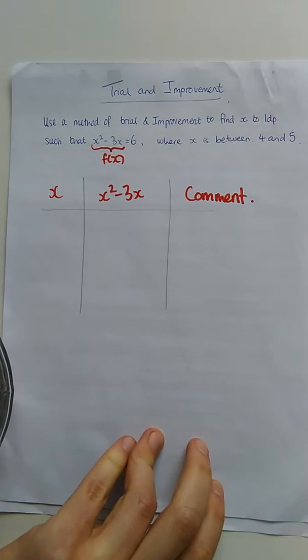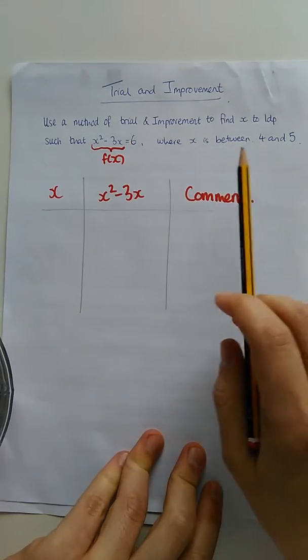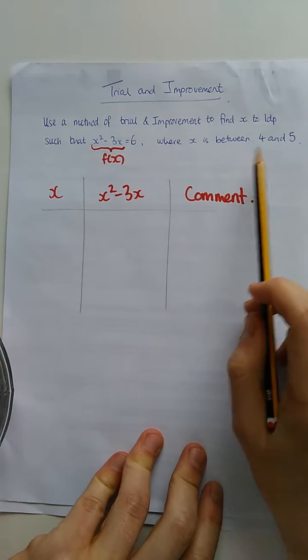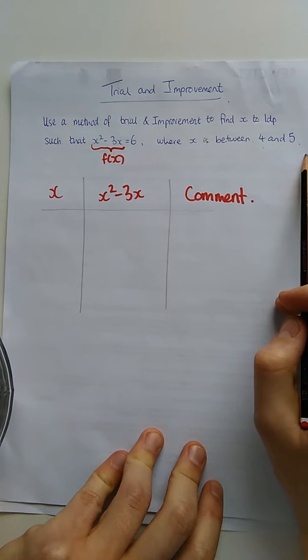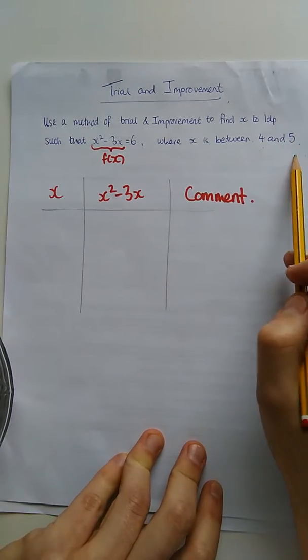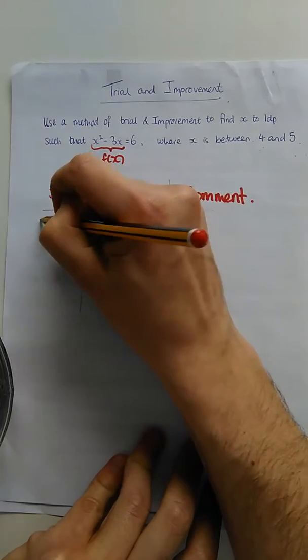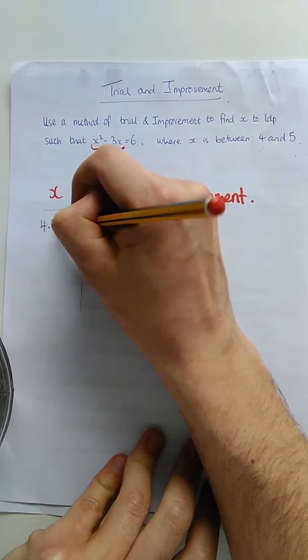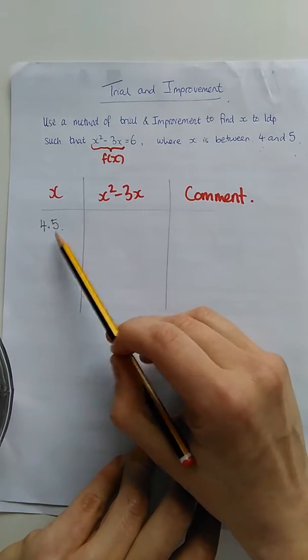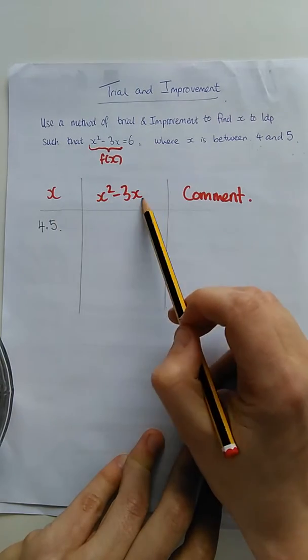Okay, so from the question, it says I want to find x to one decimal place and x is between 4 and 5. So I'm going to start with a number that's bang in the middle of 4 and 5. So I'm going to choose 4.5. So I use 4.5 as my starting value of x. So I'm going to put 4.5 into my function.